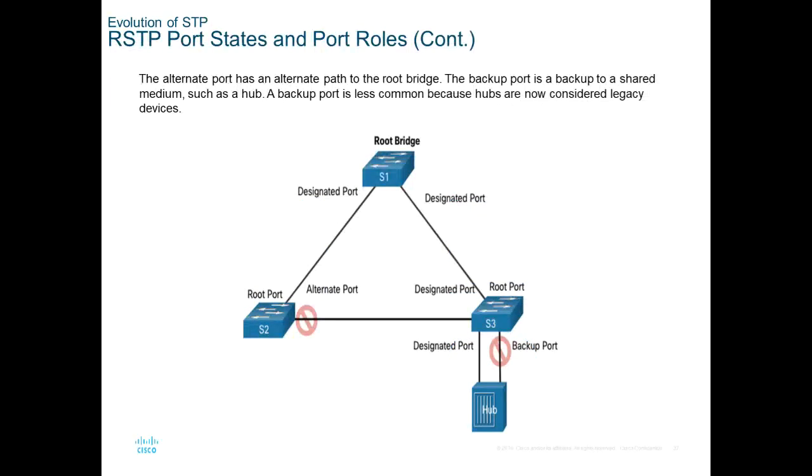Okay, so the way rapid spanning tree treats our designated and alternate ports in this quick changing environment is it can bring up these ports back into a forwarding position much faster than it can under normal spanning tree.